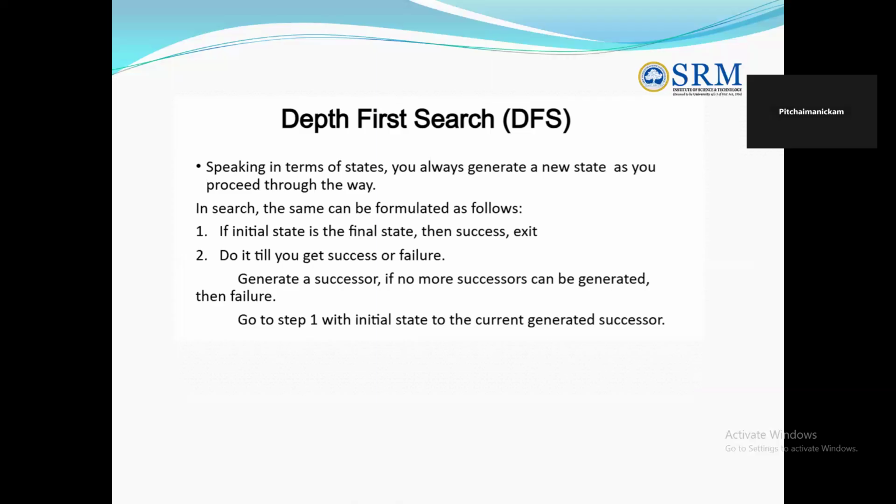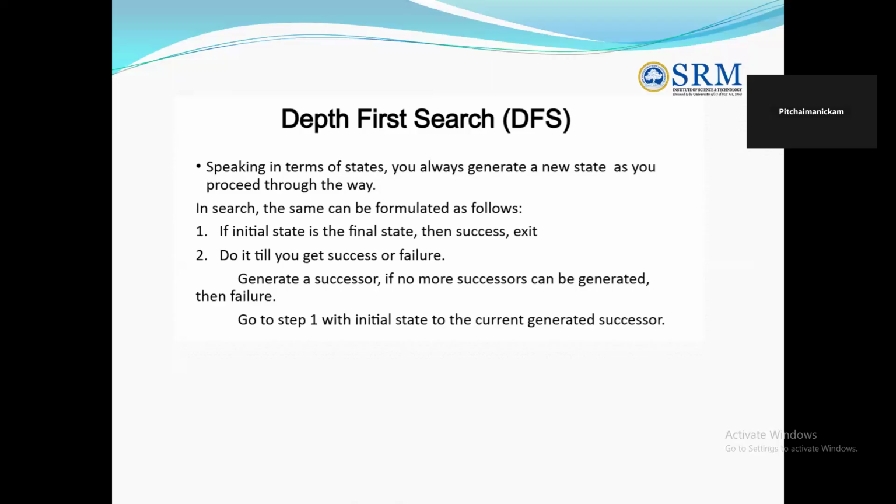That is, if the initial state is the final state, then success and exit. Otherwise, generate the successor. If no more successors can be generated for this process, then failure.